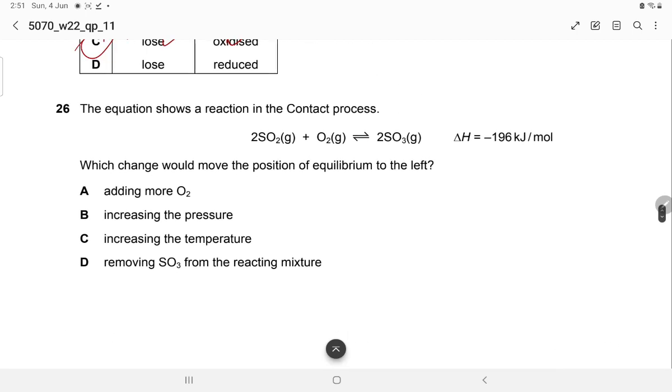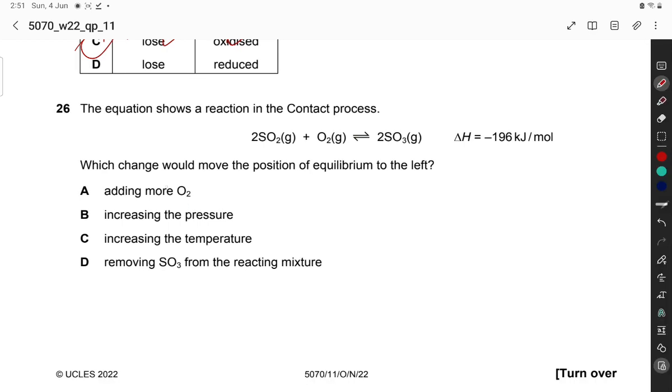26. The equation shows the reaction in the contact process. Which change would move the position of equilibrium to the left? Adding more oxygen: equilibrium will shift forward. Increasing the pressure also favors the forward side.